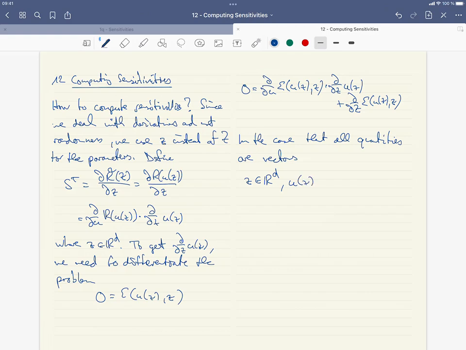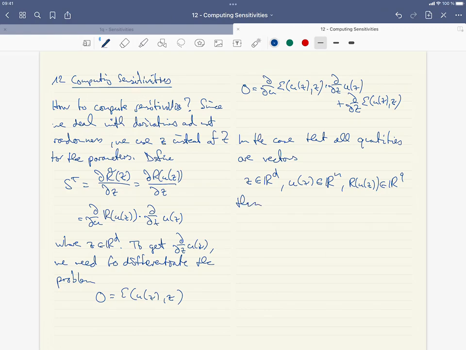I now introduce something new. I'm assuming that u of z is in R^n. So my solution has n components, and I'm assuming that I'm interested in q quantities of interest.